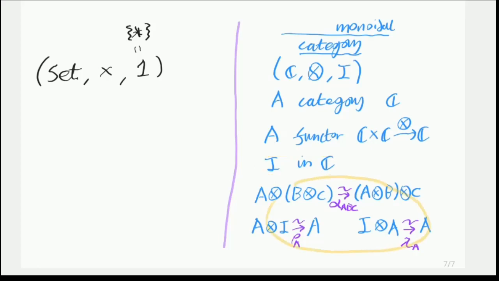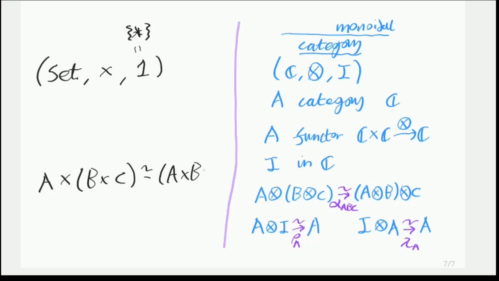What about these rules? Well, these make sense, right? If we have these three sets, then we do indeed have that (A times B) times C is isomorphic to A times (B times C).